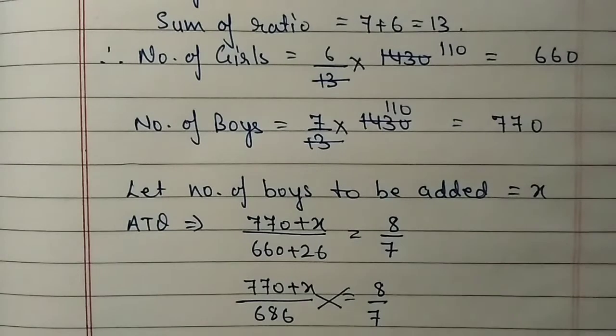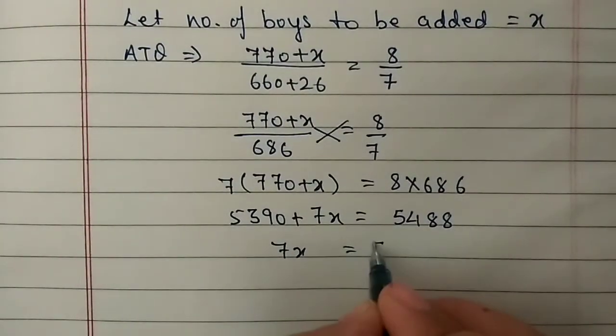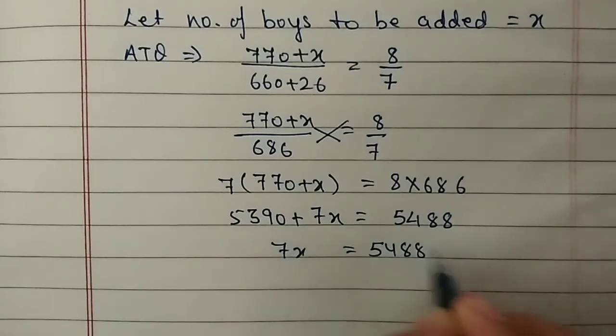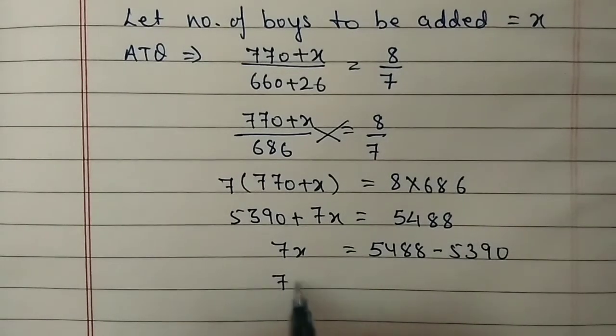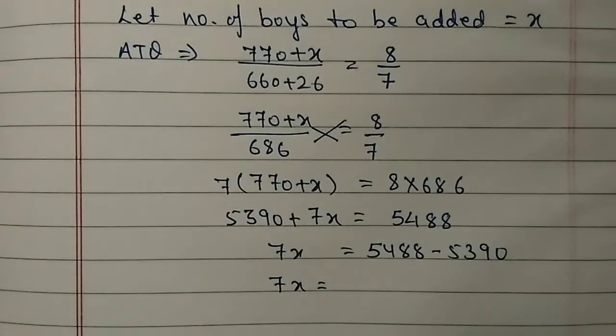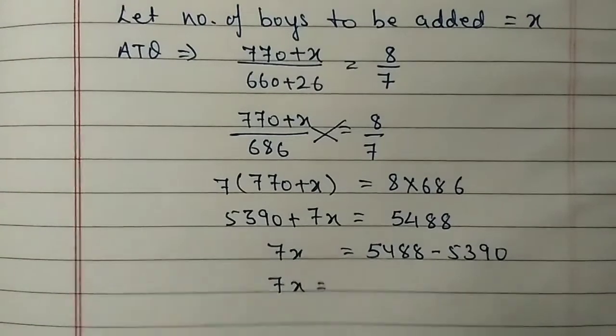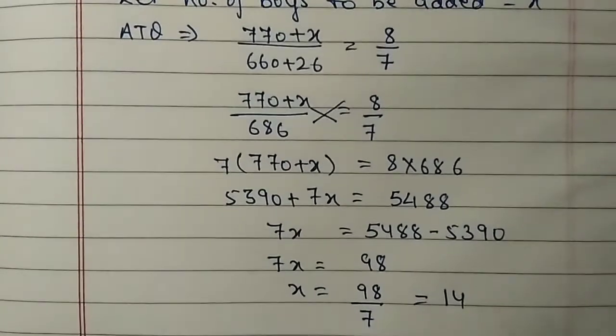Shift 5390 to the other side, it will go for subtraction. Then you will get 7x is equal to 98. So x value will be 98 divided by 7. Cancel, you will get 14. So the number of boys to be added is 14.